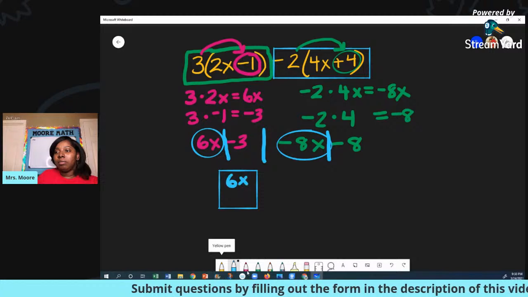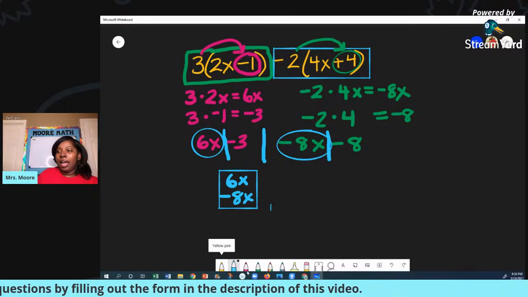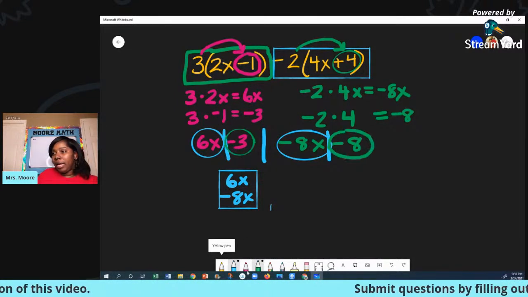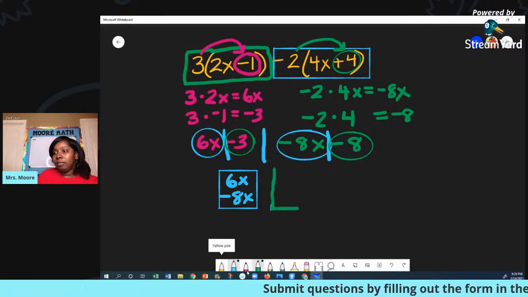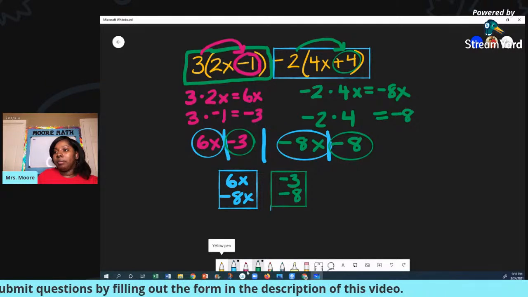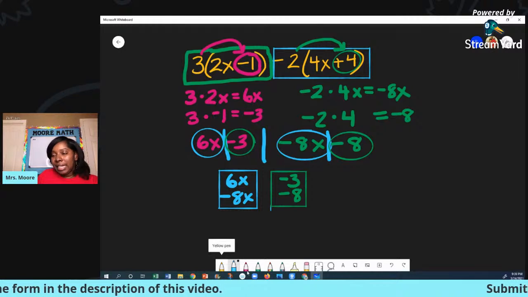So let's put it in a box. And then I have negative 3 and negative 8. Okay, combine your like terms. So let's go to the box that has the x.